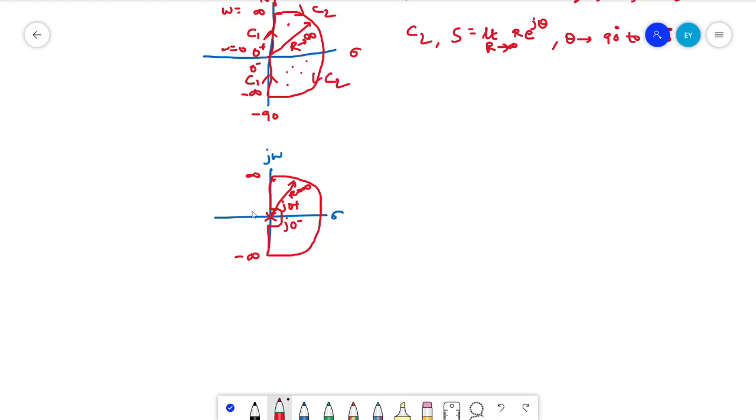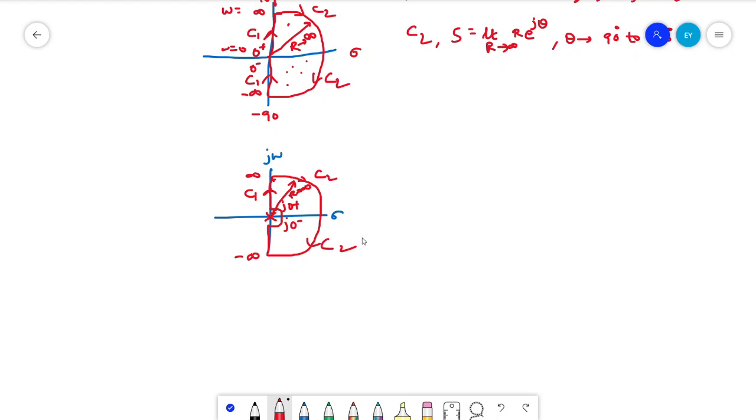So from here what we can take is this is infinite line, infinite frequency. This part we can take as C2. This can be taken as C1, and this whole thing anyway we can take as C2 itself.